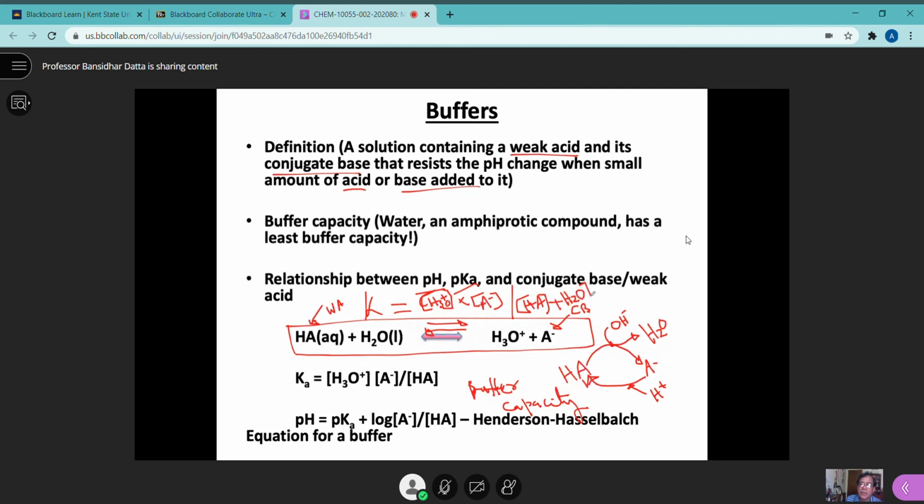When any reaction is in equilibrium, like reversible, then you have to write the equilibrium constant K equal to concentration of hydronium ion times concentration of A minus, the conjugate base, divided by the reactants, concentration of weak acid multiplied by concentration of water.